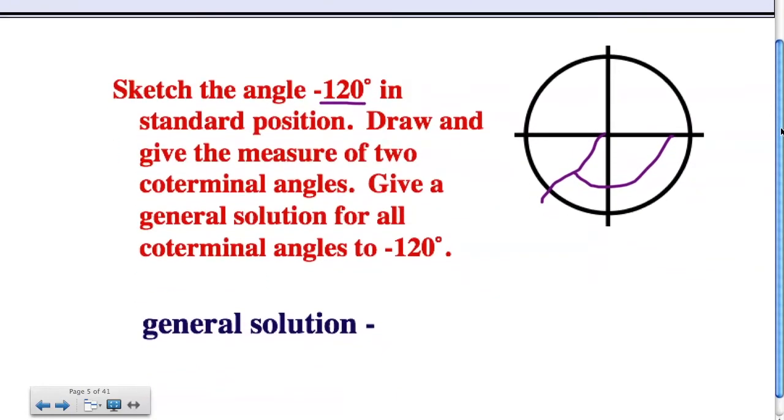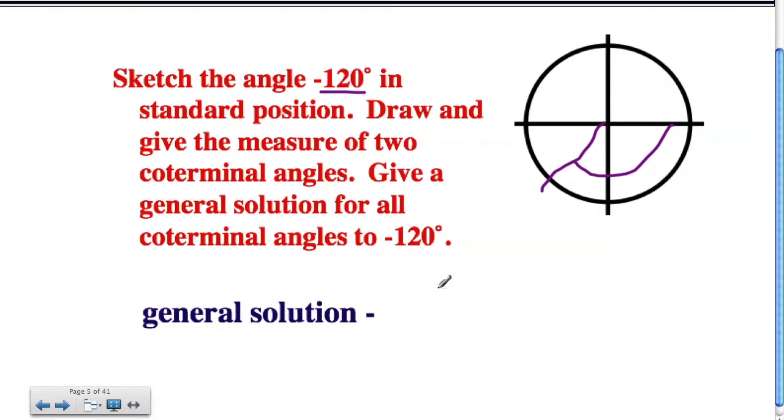If we're doing a positive coterminal, remember from the last slide, we are going to go 360 plus the negative 120, which would get us 240.